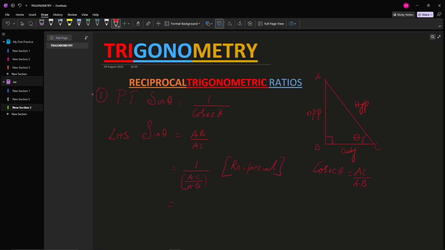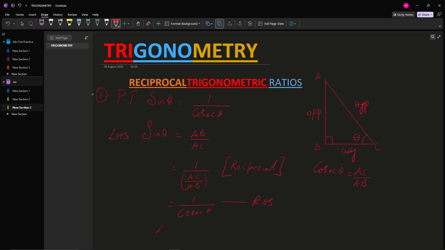Now, according to the diagram, AC by AB means I am talking about hypotenuse by opposite. According to trigonometric functions, AC by AB, that is hypotenuse by opposite, is going to be cosec theta. So in place of AC by AB, I can write it as equal to cosec theta. So that's what I proved. This is going to be RHS.